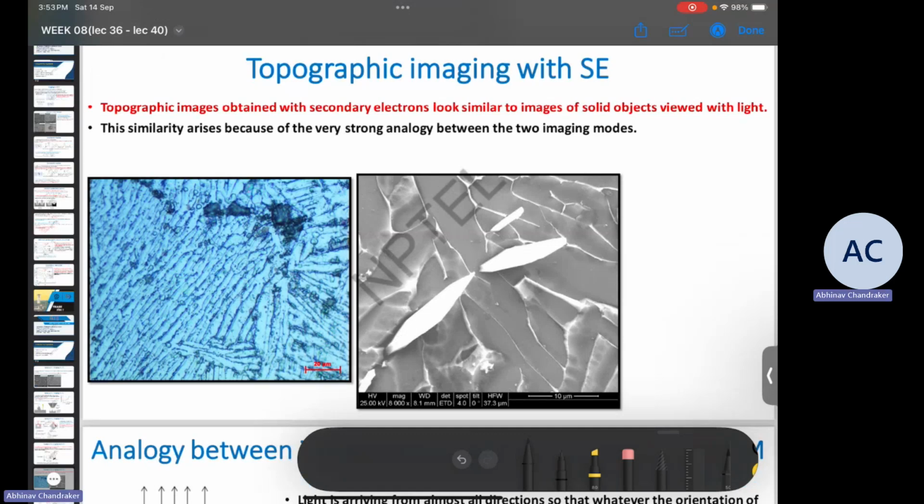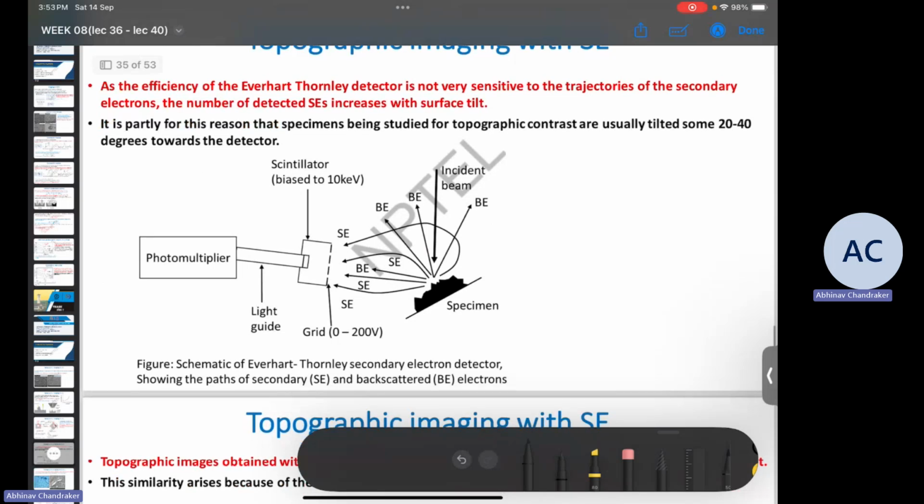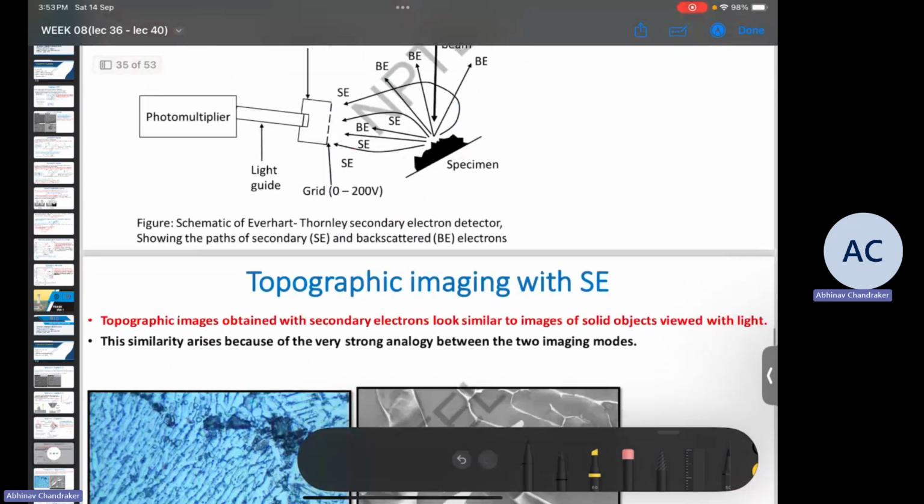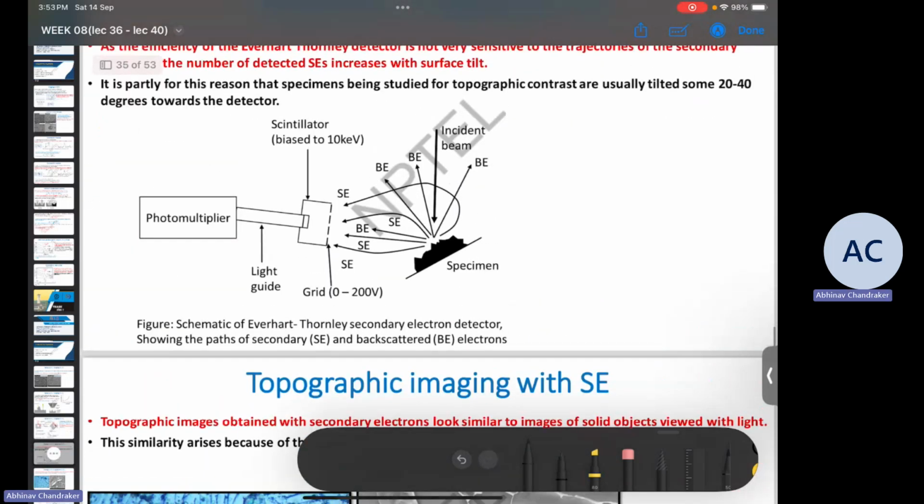So now that we have understood, before moving on, let's just connect all the dots which we have already found.